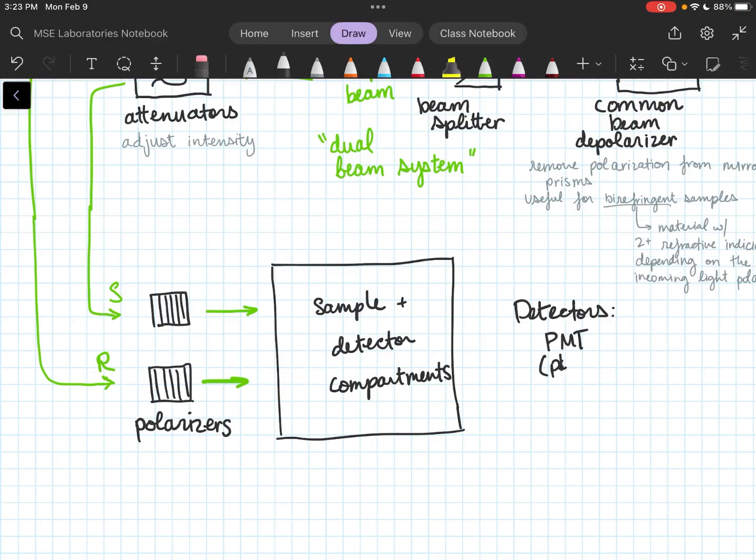Detectors tend to be a PMT, which is called a photomultiplier tube. So a PMT is a really common detector type.